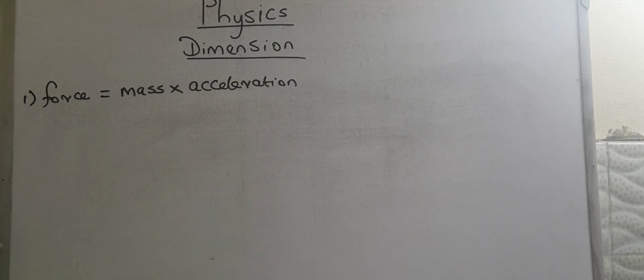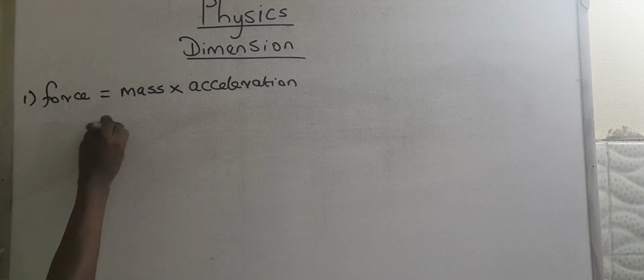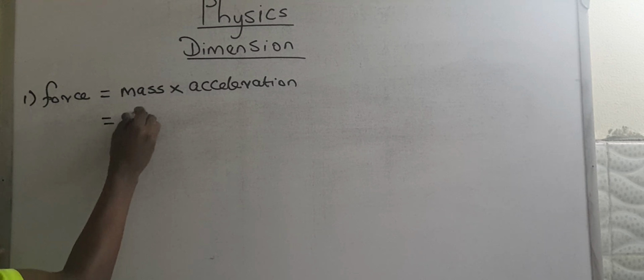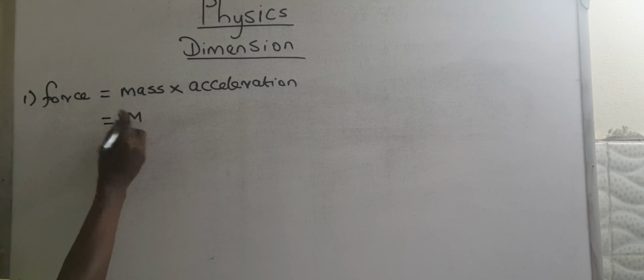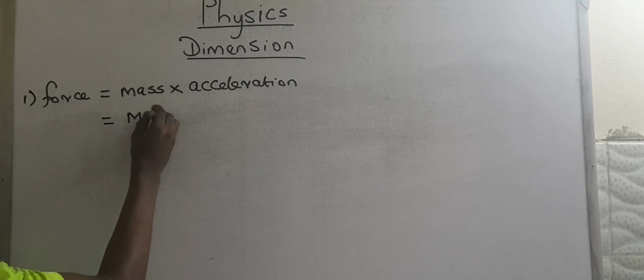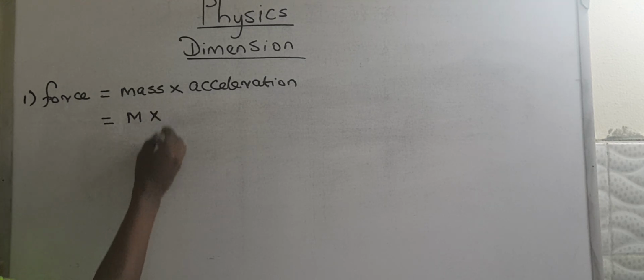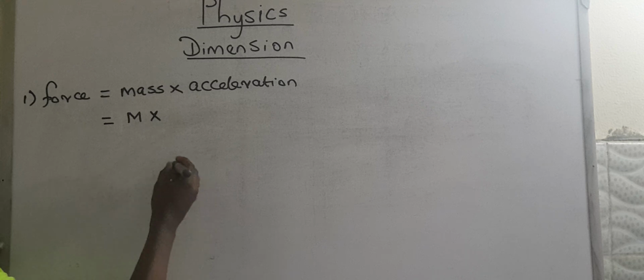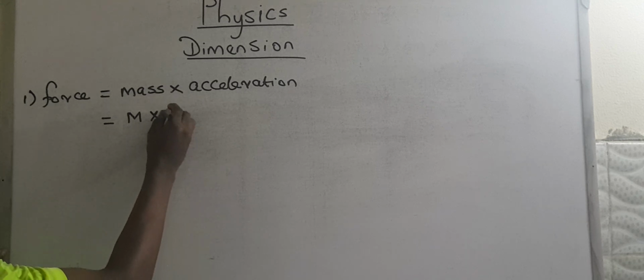So to get the dimension of force, it will be the dimension of mass, which is M. You can enclose it in a bracket, or you can choose not to enclose it in a bracket. The dimension of acceleration is L.